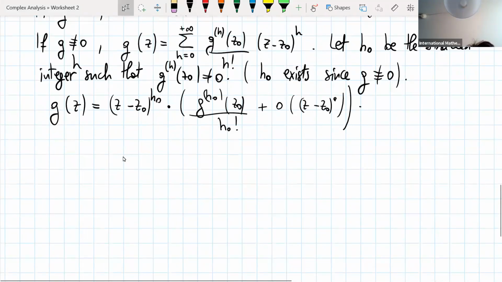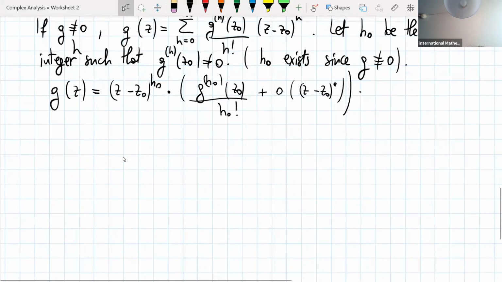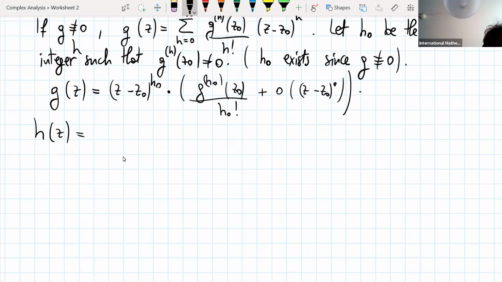Okay, so now we have this g and use with the expression for f in the quotient. So this is g(z) over f(z).